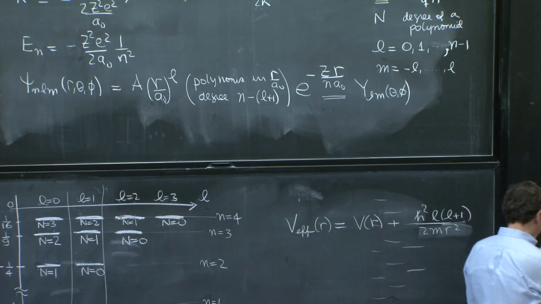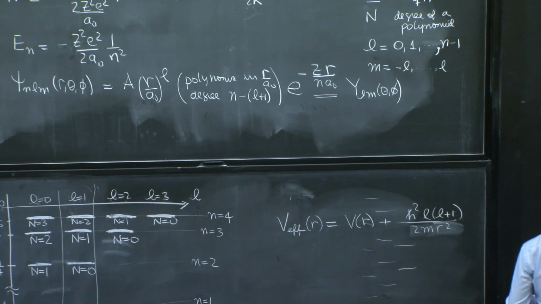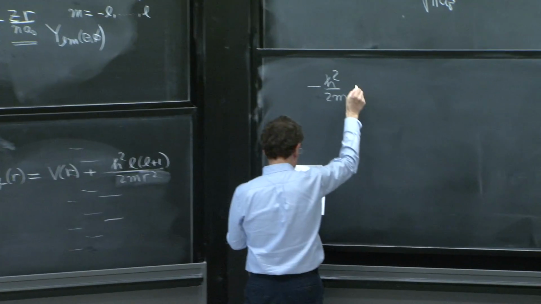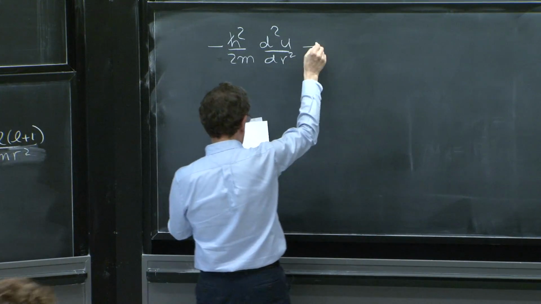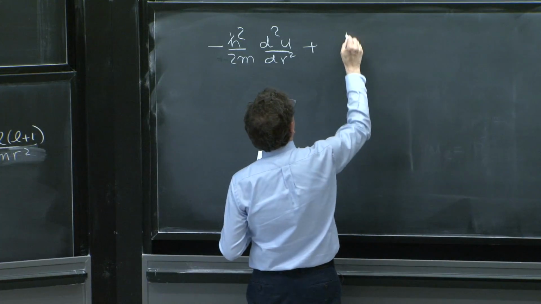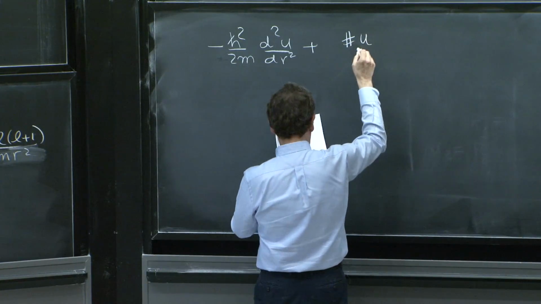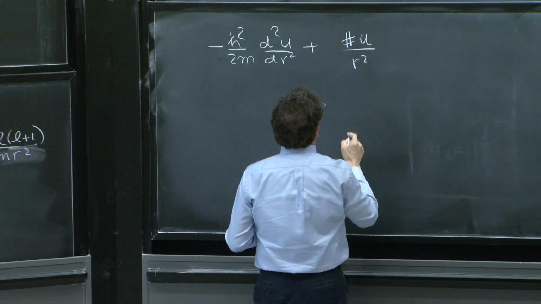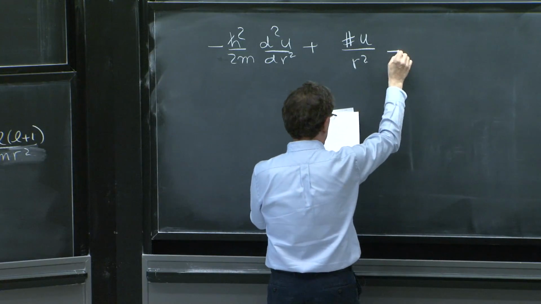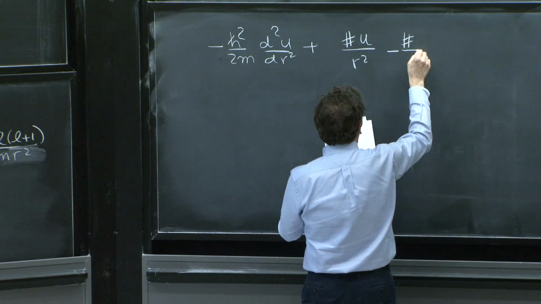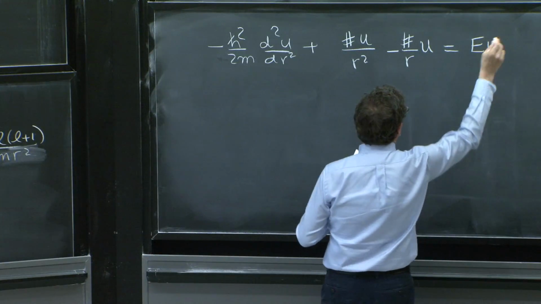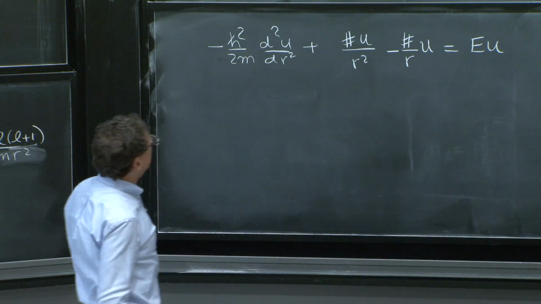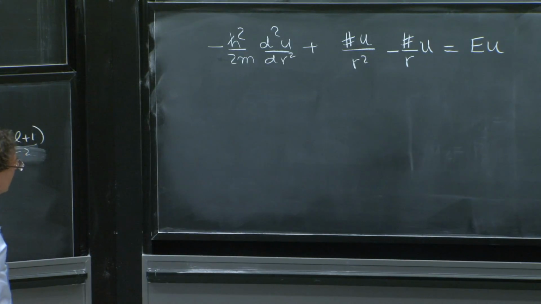You have minus h squared over 2m the second derivative of u with respect to r, plus some sort of number, you don't care how much, u over r squared in the effective potential, minus some number over r times u, is equal to eu. This was your radial differential equation.